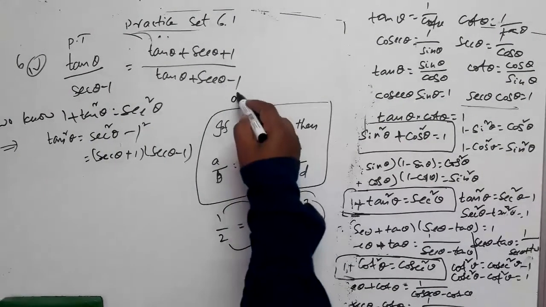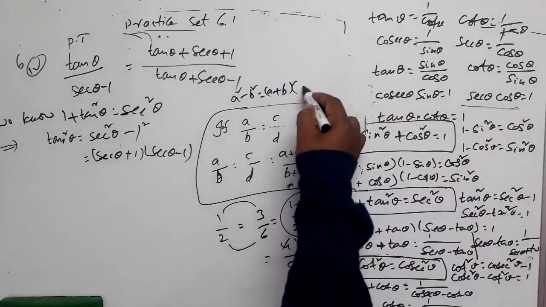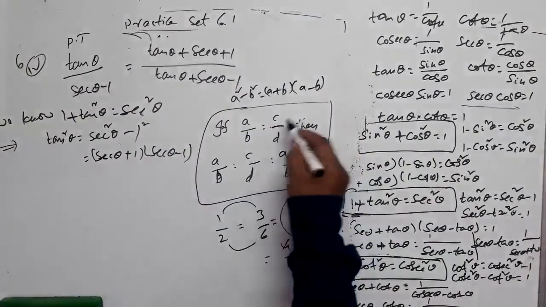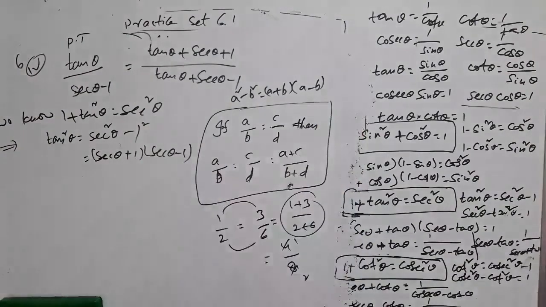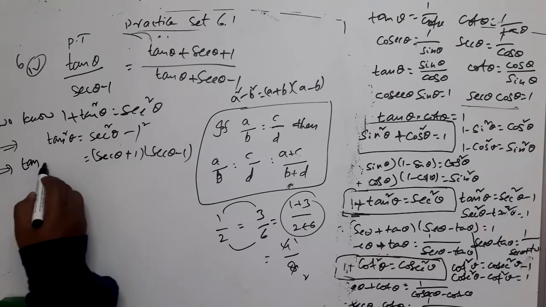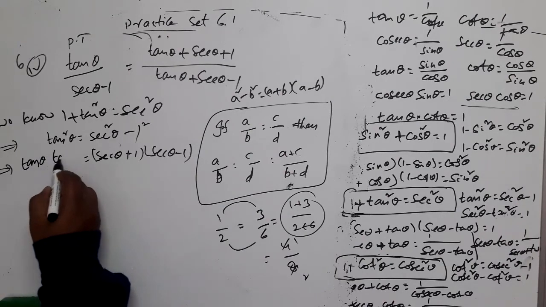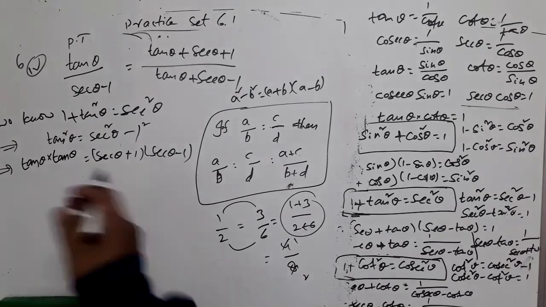Because a square minus b square can be written as a plus b into a minus b, right? Now again, tan square theta, I am able to see it as tan theta into tan theta. I am writing it like this.